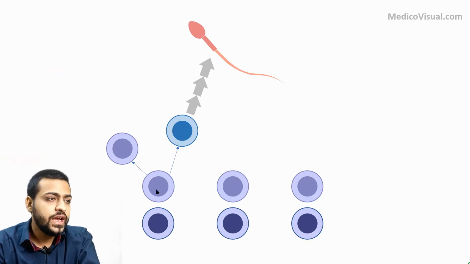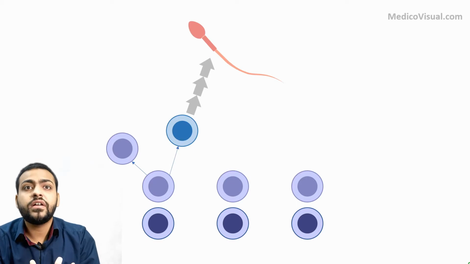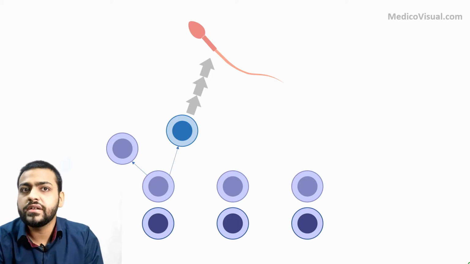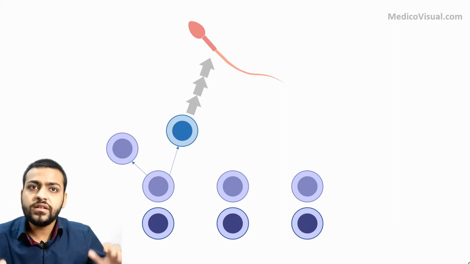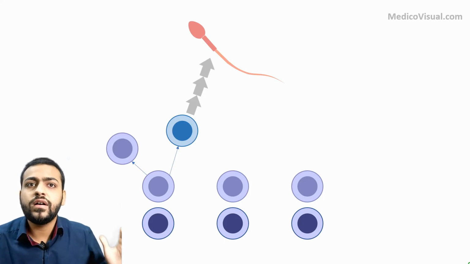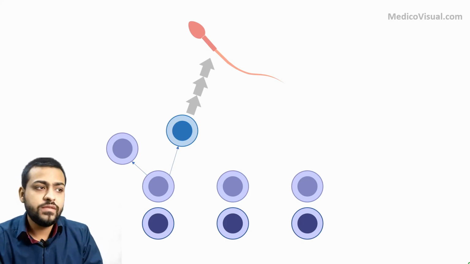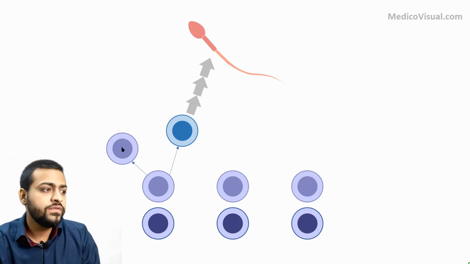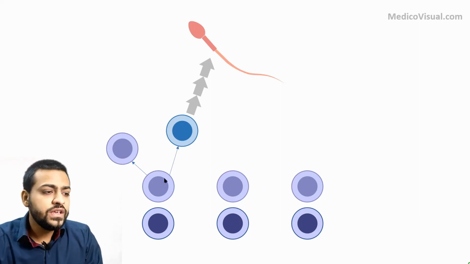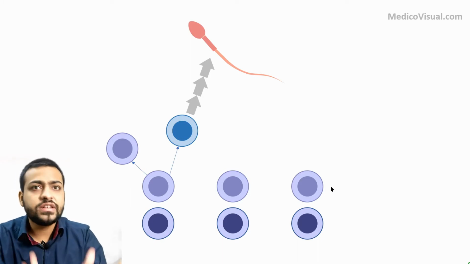Billions of sperms are released in each ejaculate, so we need billions of sperms to be formed all the time. Throughout life, maybe zillions of sperms are formed. To form that many sperms, if this self-renewal ability was not there, very soon all of these primordial germ cells would have been used up.